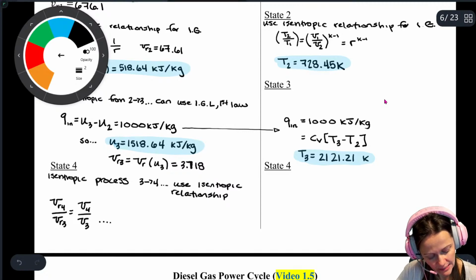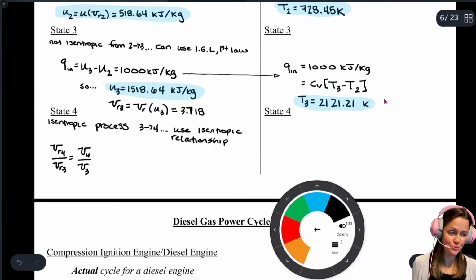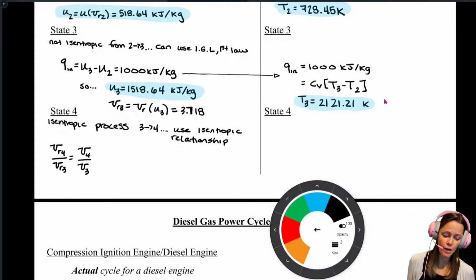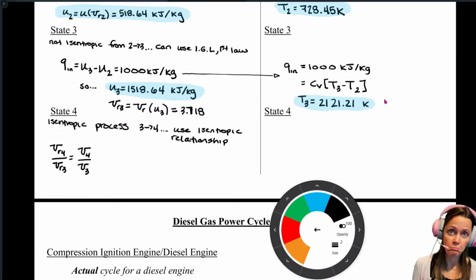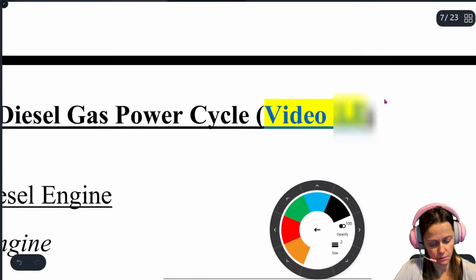All right, and so we can get our VR. Well, actually, wait a minute. We're kind of skipping ahead, aren't we? Because while I have the compression ratio, V1 over V2, I don't know V4 over V3, or maybe I do.